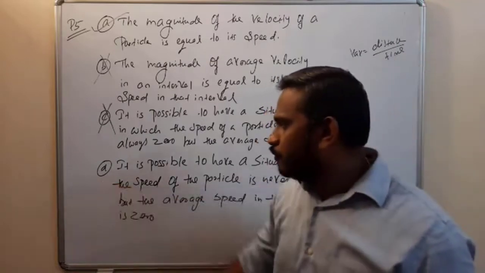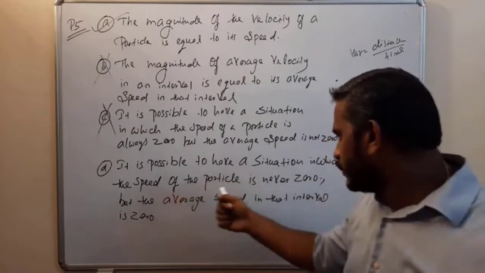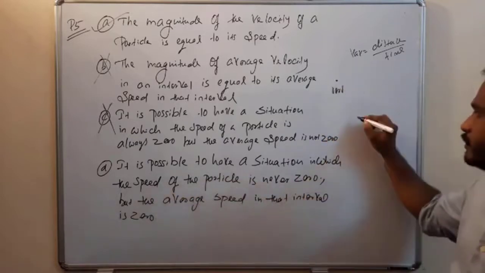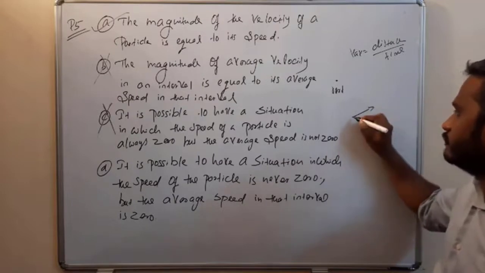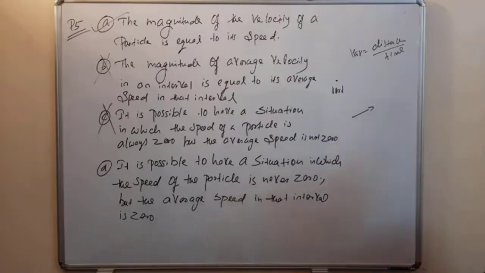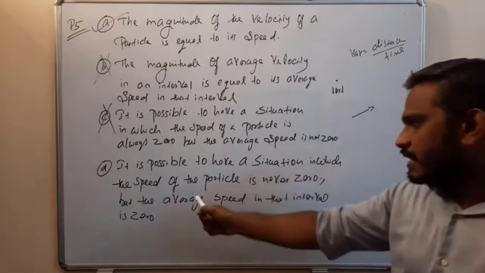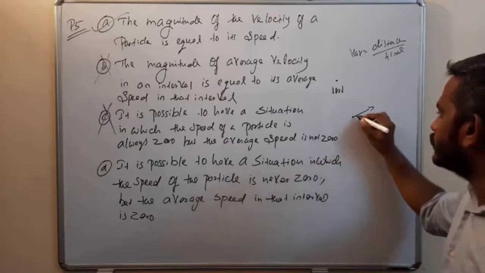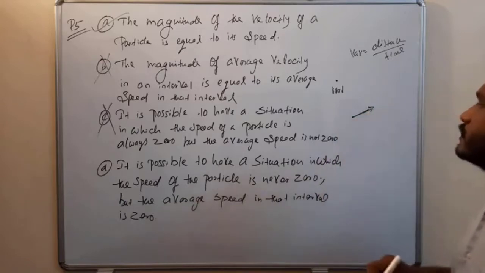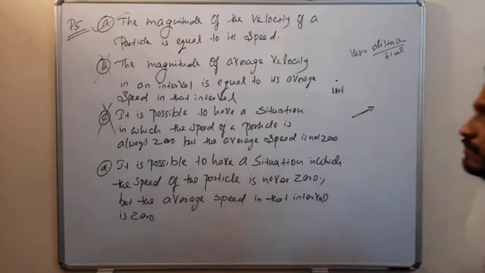Then the fourth point: it is possible to have a situation in which the speed of the particle is never zero. That means the object is moving with a certain velocity. But the average speed in that interval is zero.